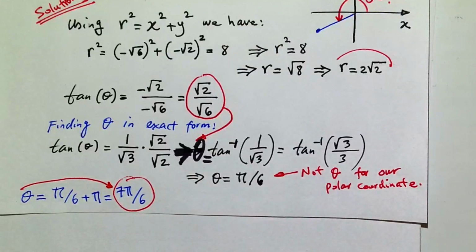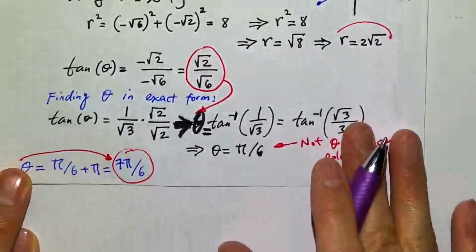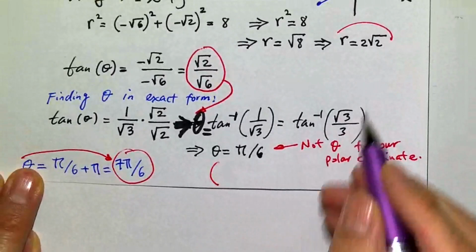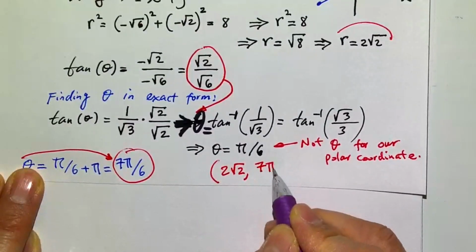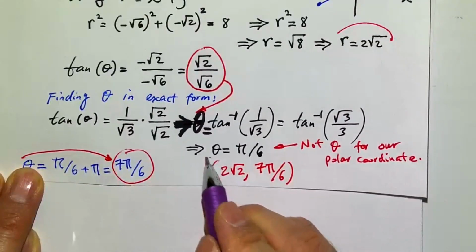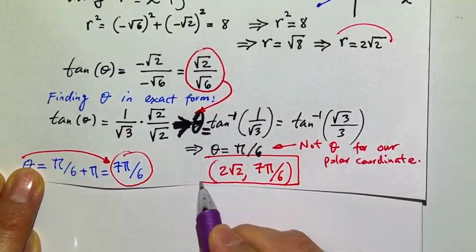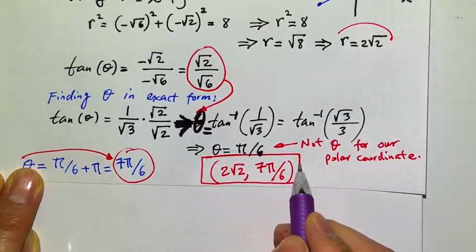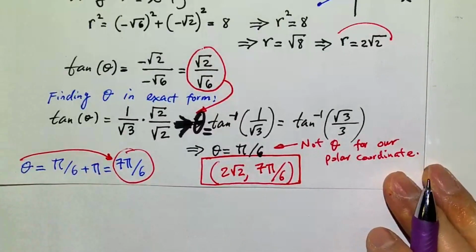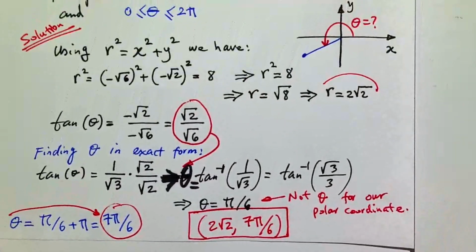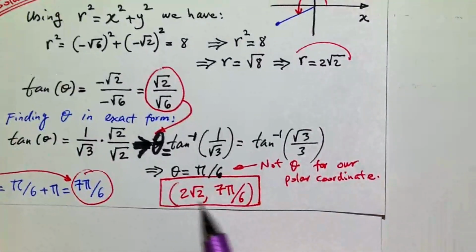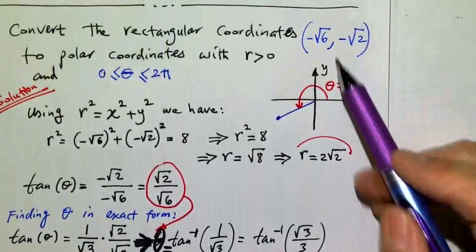Therefore, the polar coordinates are 2 square root of 2 comma 7 pi over 6. Okay, that's the polar coordinate for this rectangular coordinate.